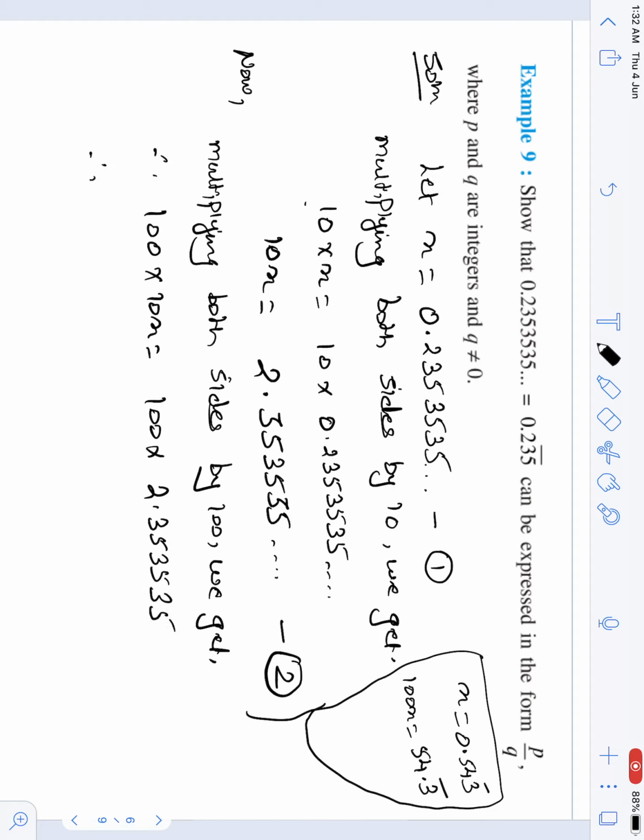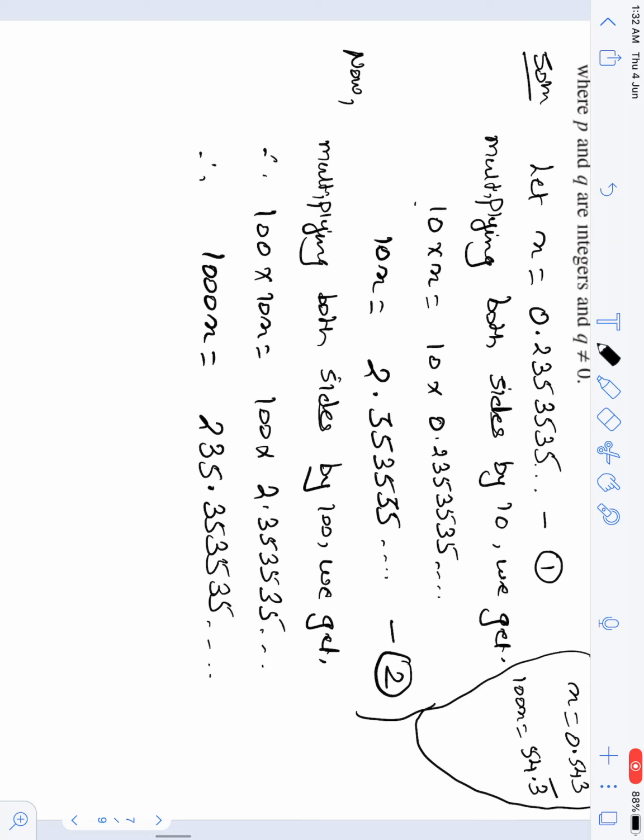Therefore 100 into 10x can be written as 1000x equals, now 100 into 2.35, so this decimal will move two digits to the right, so it will become 235.3535, and so is it clear? Now this is our equation number 3.